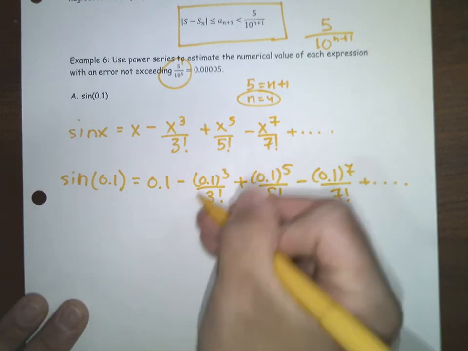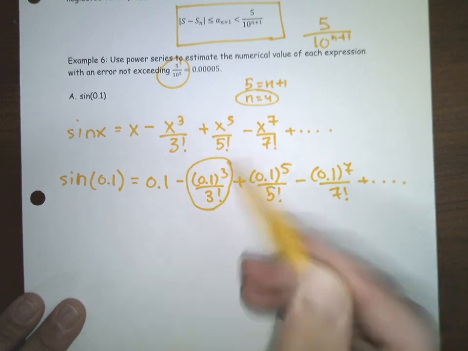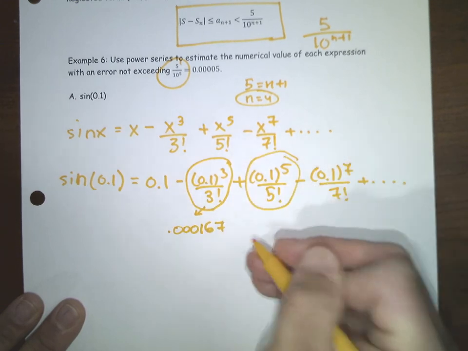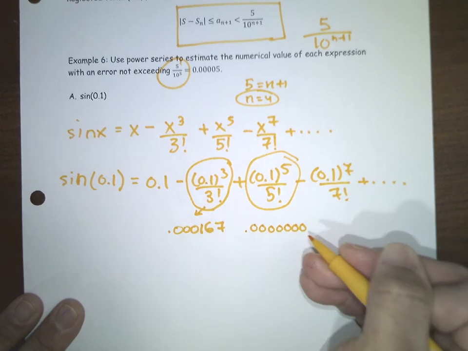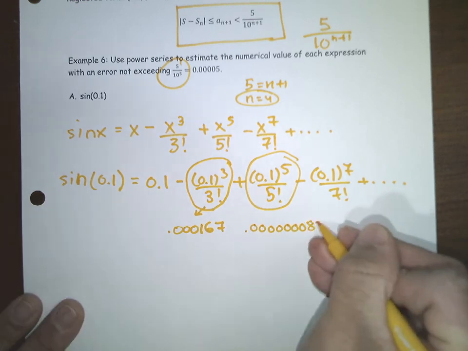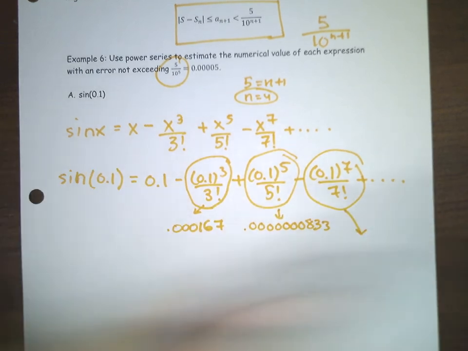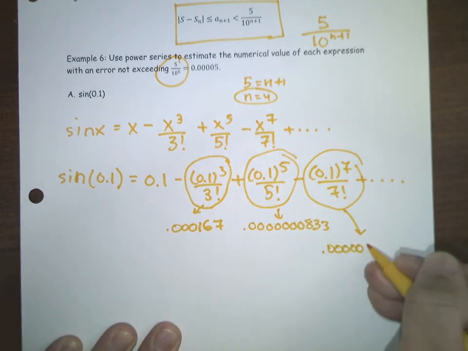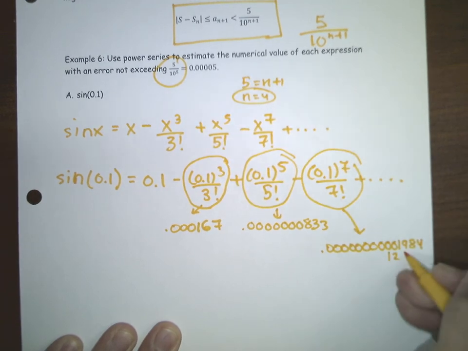All right, so then we know that this one right here is going to be 0.000167, and this one is going to be 0.00000833, and this one right here is going to be 0.000000001984126 98.